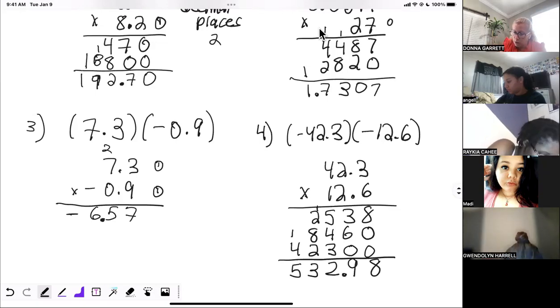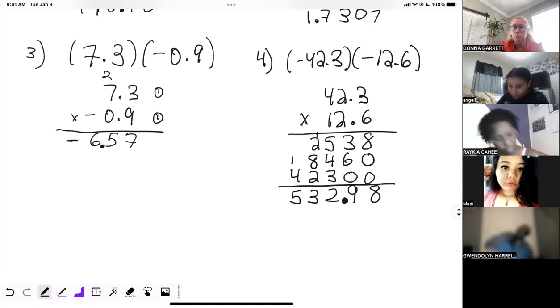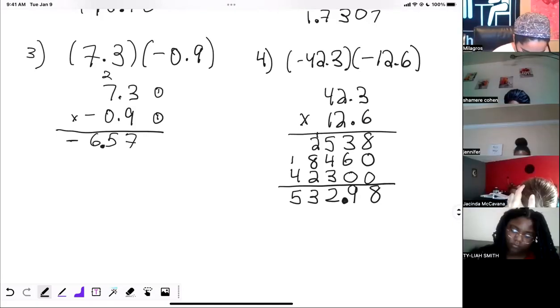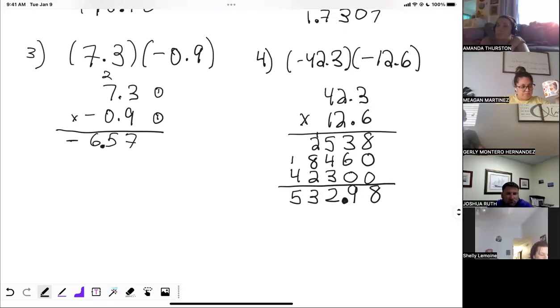So I know my answer is going to be here. And that's my answer, 532.98. So if you can think of it just like multiplying, you just have to deal with the decimal at the end.